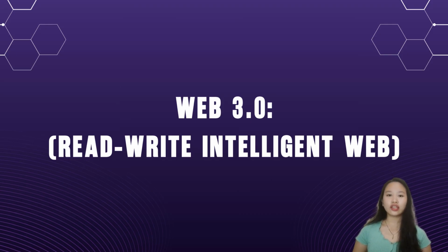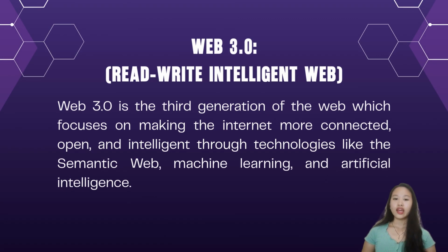Now, the internet continues to evolve, and this brings us to our focus for today, Web 3. So what exactly is Web 3? Web 3 is the third generation of the web that focuses on making the internet more connected, open, and intelligent. This is achieved through technologies such as the semantic web, machine learning, and artificial intelligence.